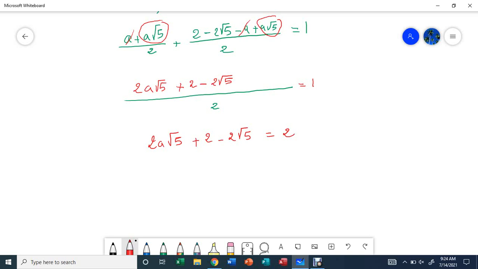Now you can cancel the 2's, so it's like dividing everything by 2.